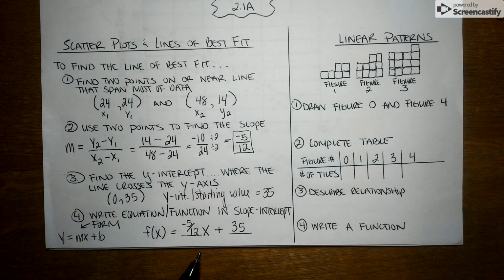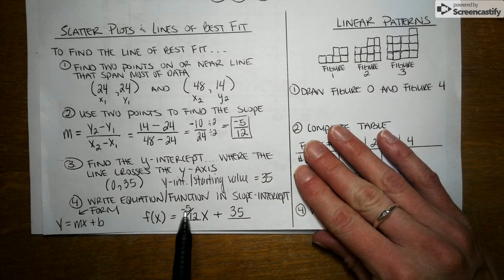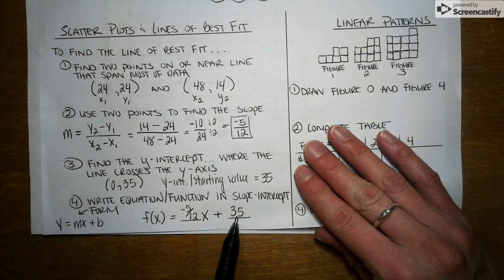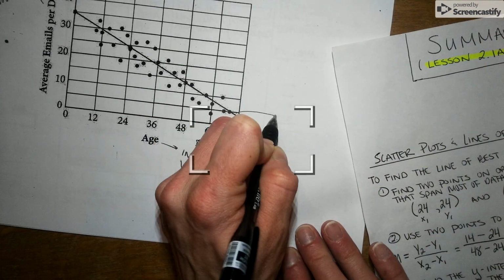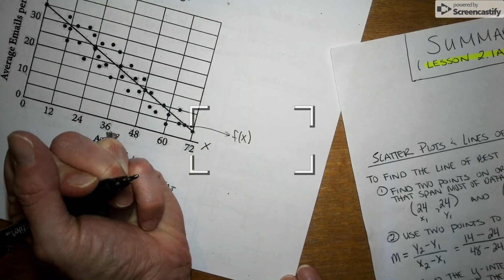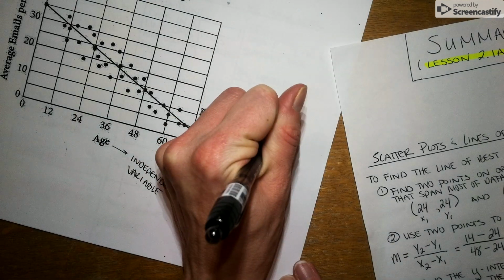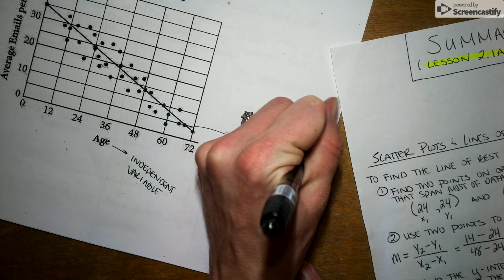So the function that best models my line of best fit here is f of x equals -5/12 x plus 35. So on my graph, I'm going to go ahead and just draw an arrow from my line of best fit, and I'm going to write that function down. F of x equals -5/12 x plus 35.